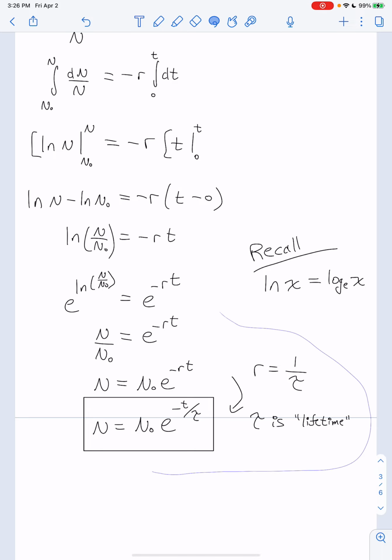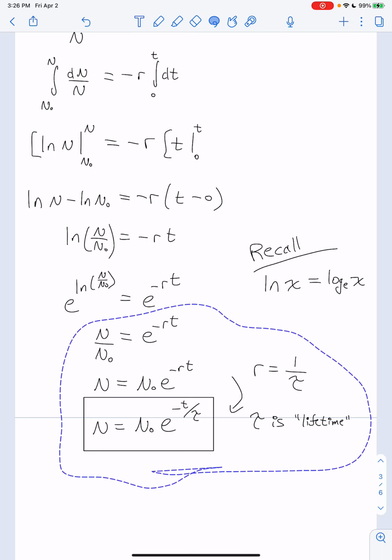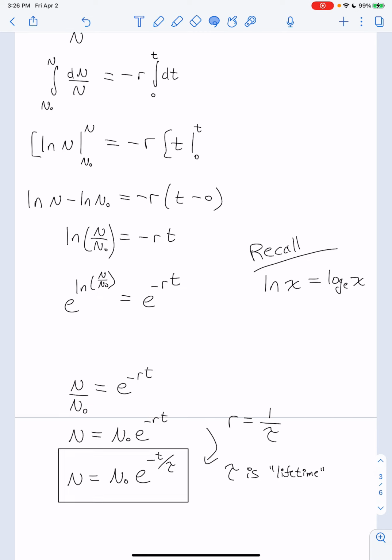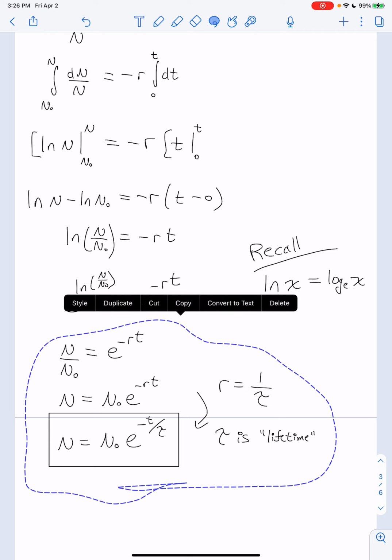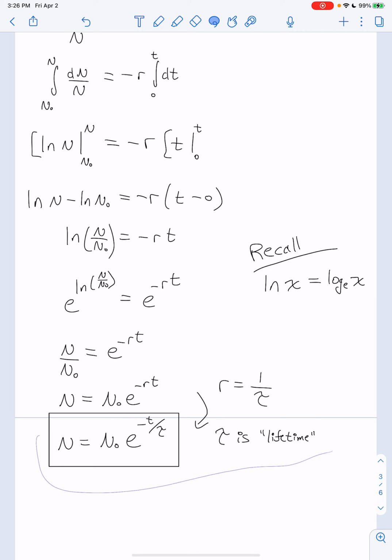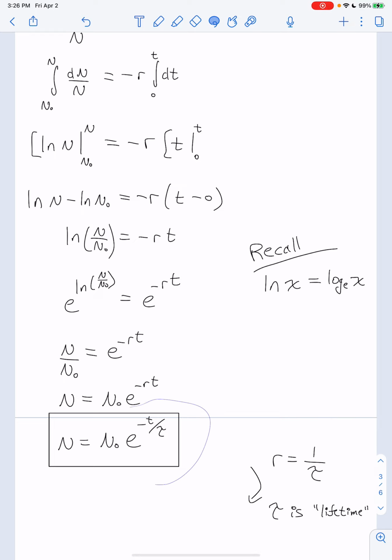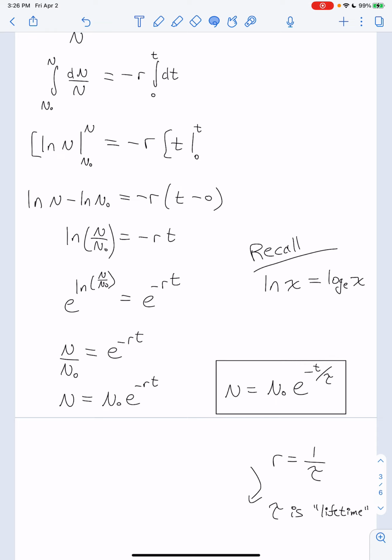Maybe we can't fit it all on one page, but I wanted to make sure that I went through it step by step. So maybe I will move this such that it's here.